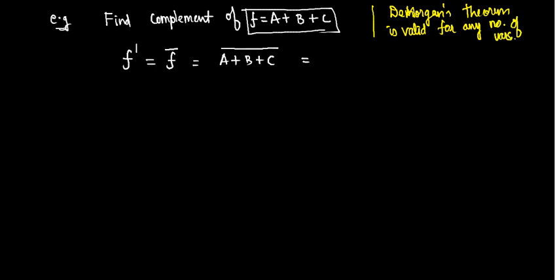Prove that. Simple. So a bar, now this bar gets distributed all over, and wherever the OR is there, you replace it with AND. b bar and c bar.